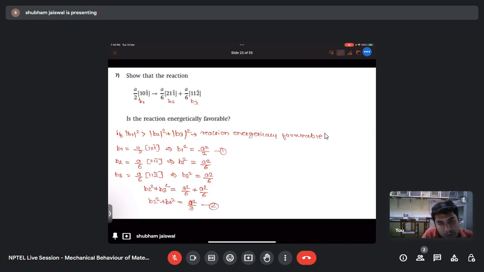From this 1 and 2, you can see that B1 square is greater than B2 square plus B3 square. So the reaction is energetically favorable.